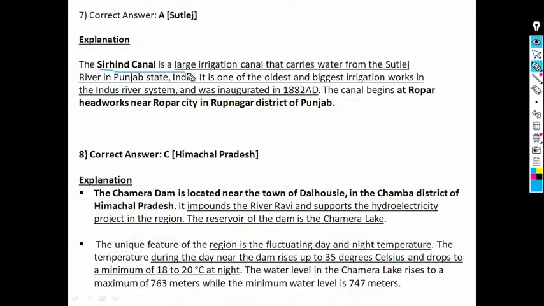Sirhind Canal is a large irrigation canal that carries water from the Satluj River in the Punjab state. In India, it is one of the oldest and biggest irrigation works in the Indus River system and was inaugurated in 1882 AD.